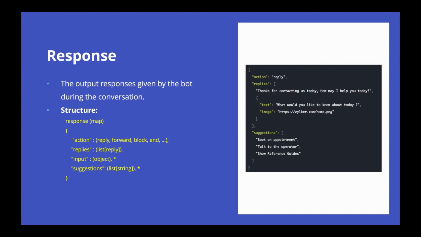The second one is replies. This constitutes all of the replies that were given by the bot for any particular action that has been performed. Then comes the input. This will be the input type that is displayed to the visitor by the Zobot. And then we have suggestions. The response suggestions given by the Zobot to the visitor are constituted here.